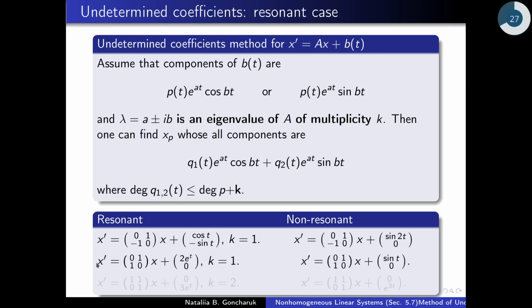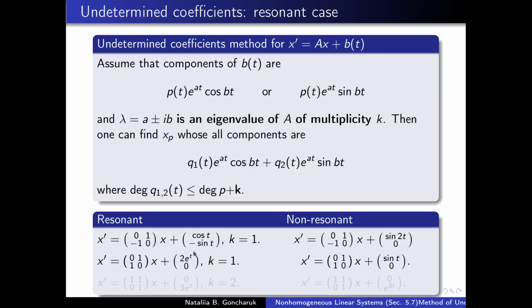Now let's have one more example. Now A is 0, 1, 1, 0. It has eigenvalues 1 and minus 1, and B is e to the power t, 0. This number lambda is 1, so it is the eigenvalue of A, which means that this is a resonant case. 1 is non-repeated, so k is still 1.